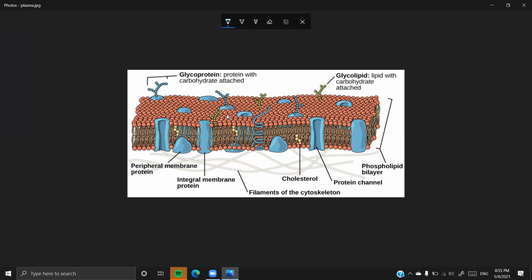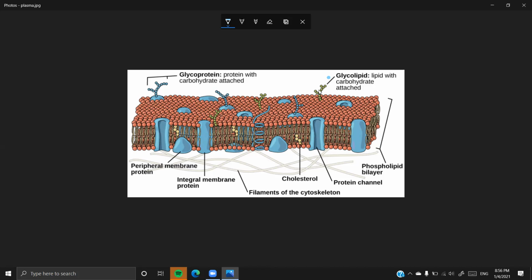So children, if you look at the plasma membrane, it can be easily described as what we call a fluid mosaic model, because mosaic means it is interspersed with many different sorts of proteins. You can see peripheral proteins, integral membrane proteins, transport proteins, and cholesterol in between.